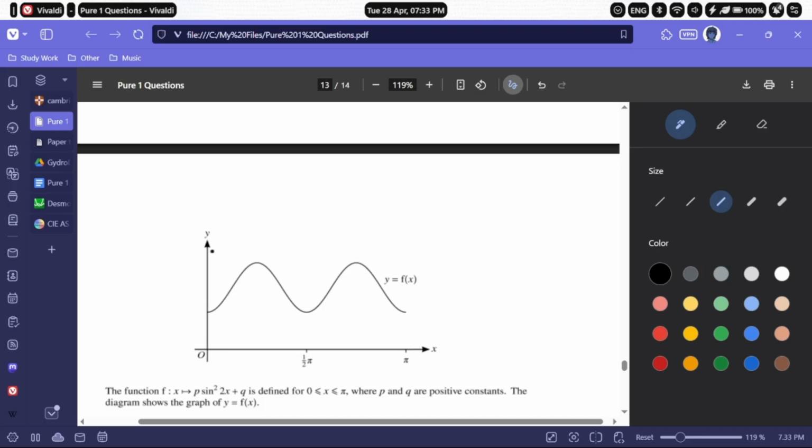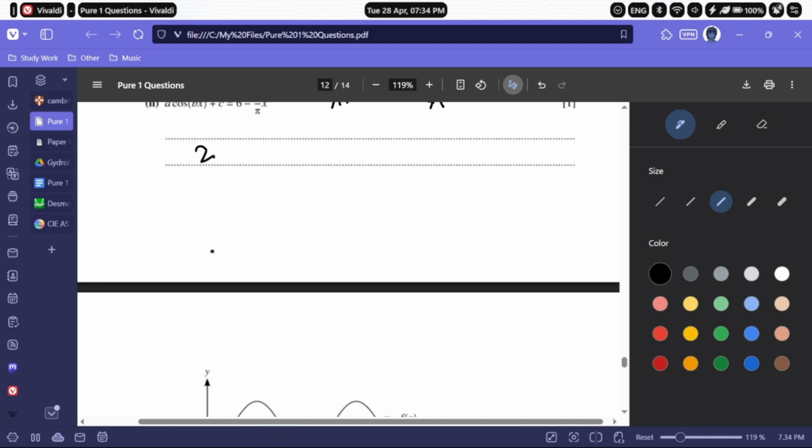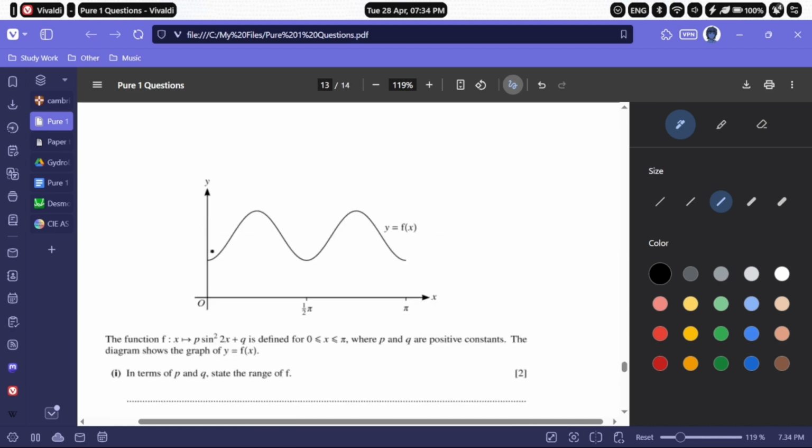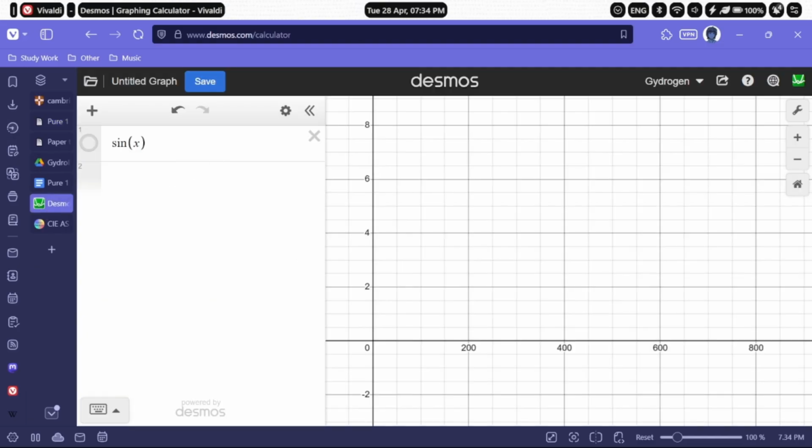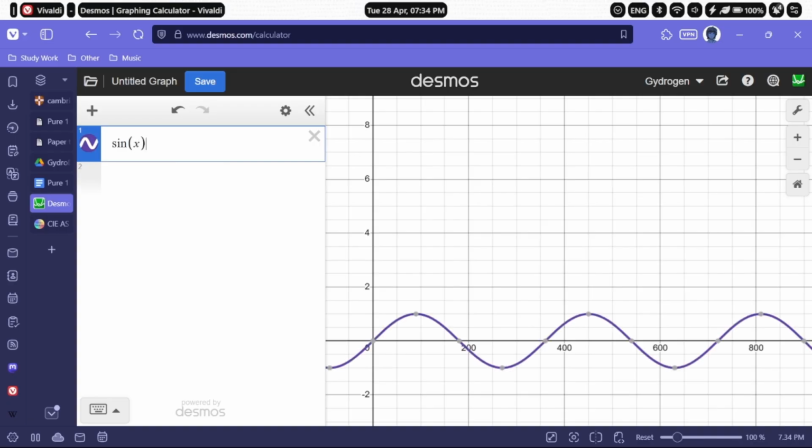Okay, moving on. Now, in this case, you have a sine square x graph. Just keep that in mind, because when you have your original sine x graph, the range is from -1 to 1.